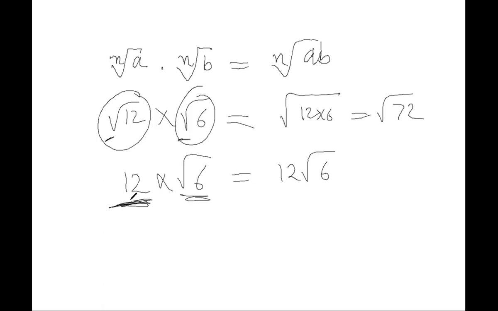So let us take another example. Take this: 4th root 32 multiply 4th root 8.